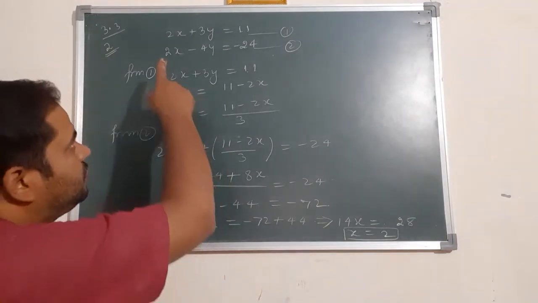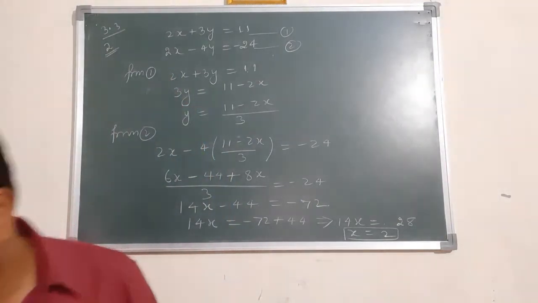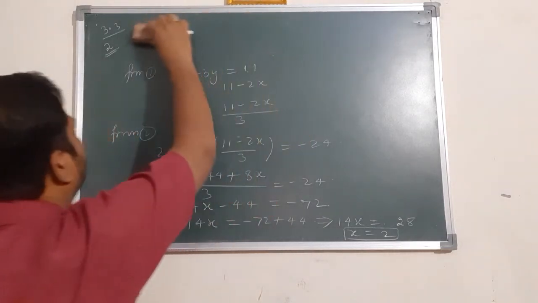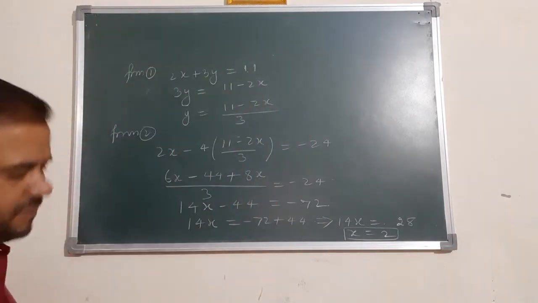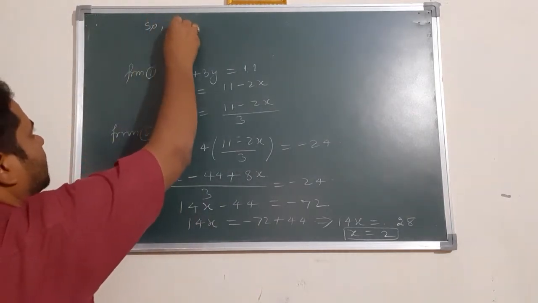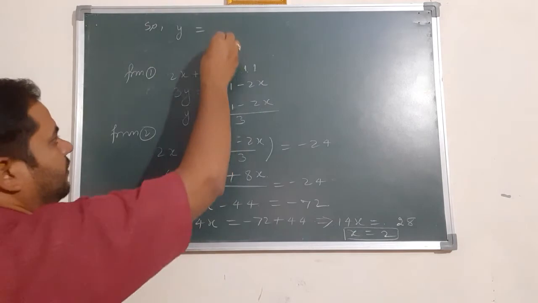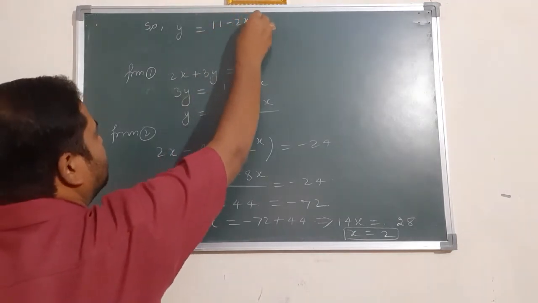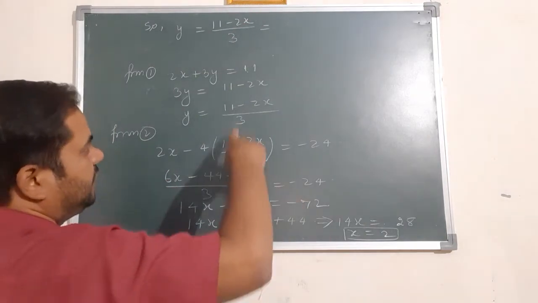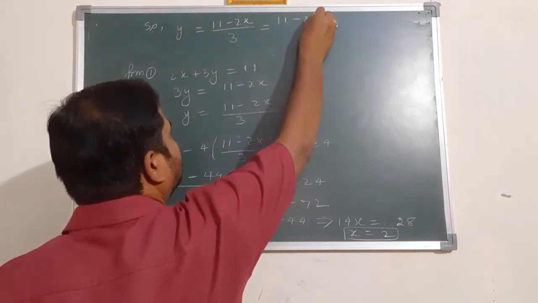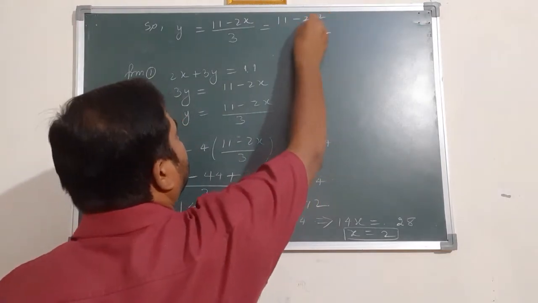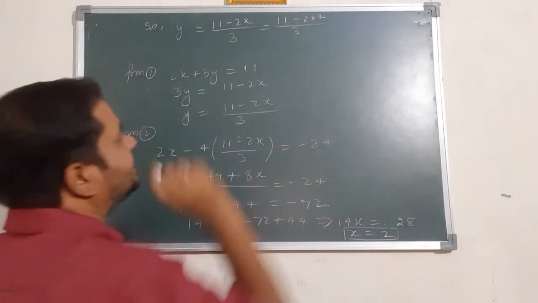So I am just going to erase the upper equations and get the value of y. So y is equal to (11 minus 2x) divided by 3. So this is 11 minus 2 into 2, divided by 3.